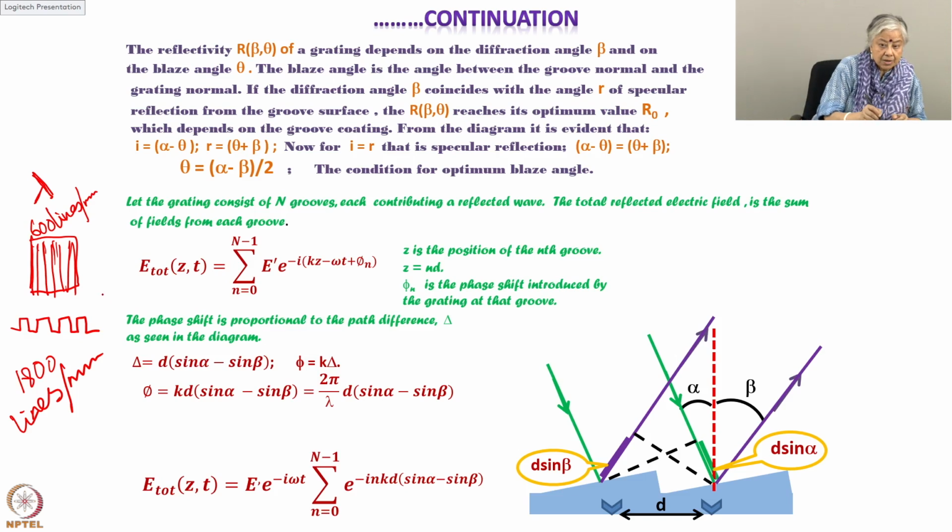From this groove you are getting a small wavelet, from this groove another wavelet, and from this groove another wavelet. And all these wavelets are coherent because your incident light itself is coherent. But then all of them will superpose with each other, and that will give rise to an interference pattern.